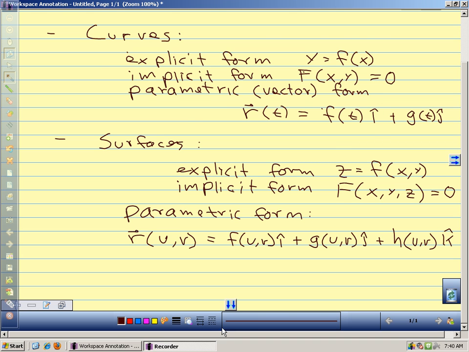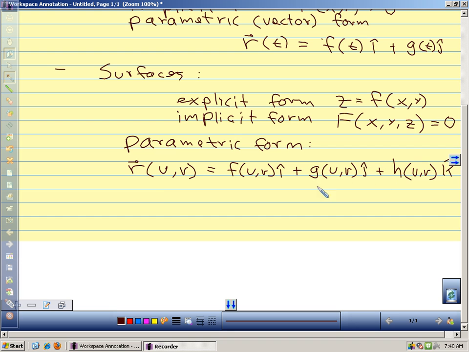And we need our component functions to behave nicely, so f, g, and h are continuous on some domain in the uv plane.